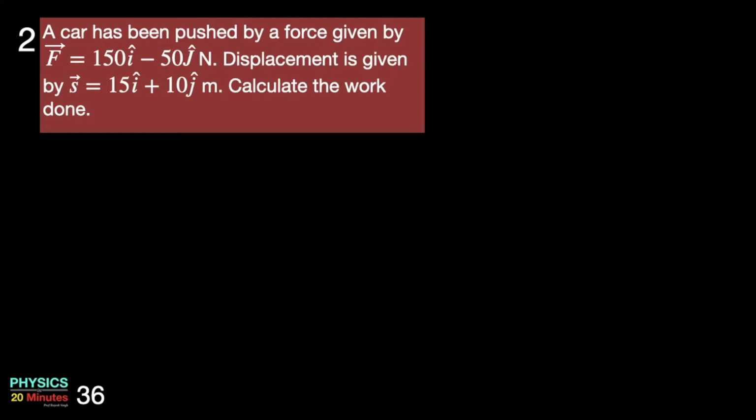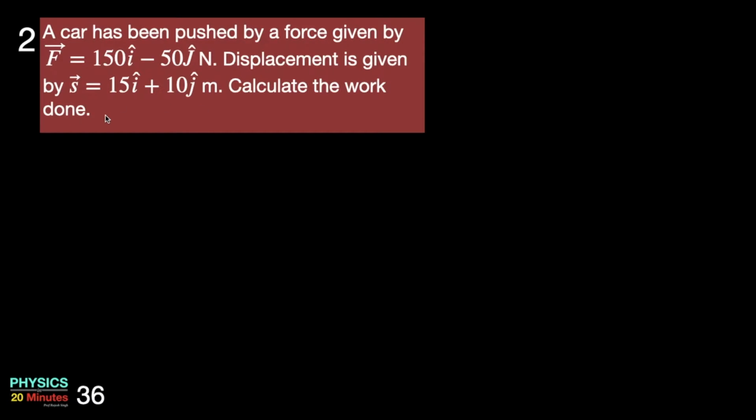A car has been pushed, again a car, by a force given by vector F equal to 150 I cap minus 50 J cap Newton, and displacement is given by vector S equal to 15 I cap plus 10 J cap meter. Calculate the work done.